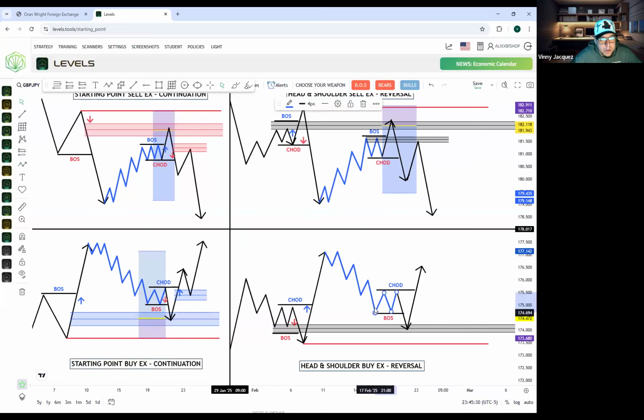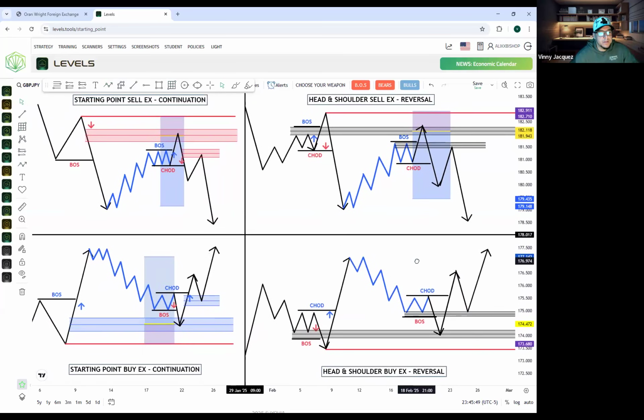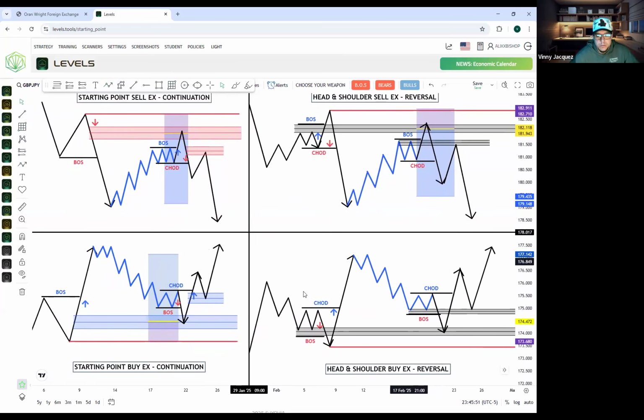Now, again, this was a head and shoulder example, so I'm going to go ahead and just use the head and the shoulder as our entry points one more time. And we're waiting for the market to come back and take off. Let me see if I can fit all of this.